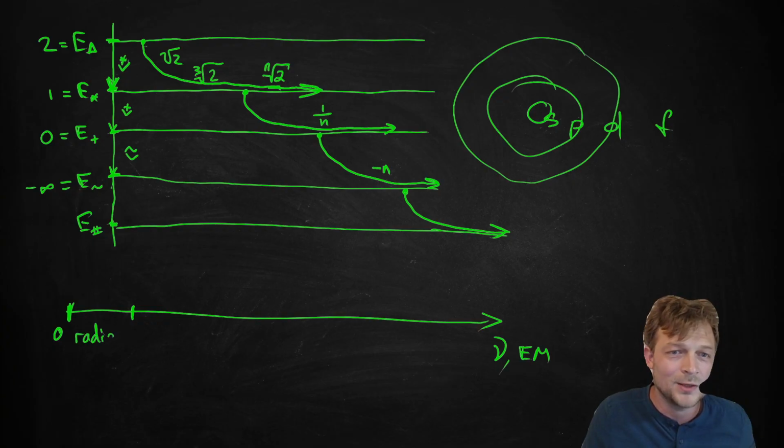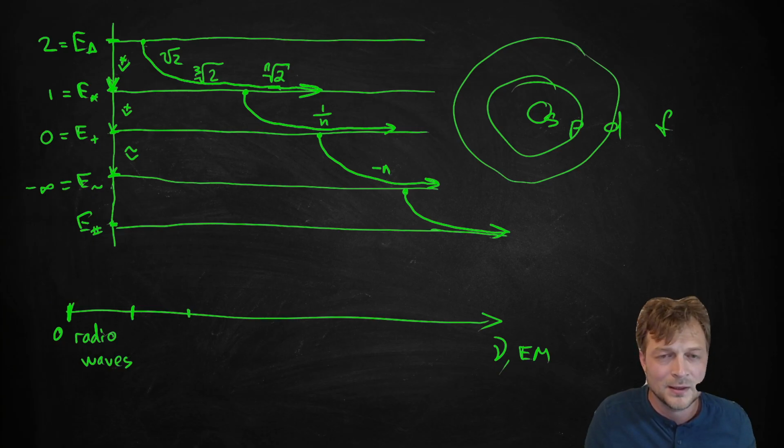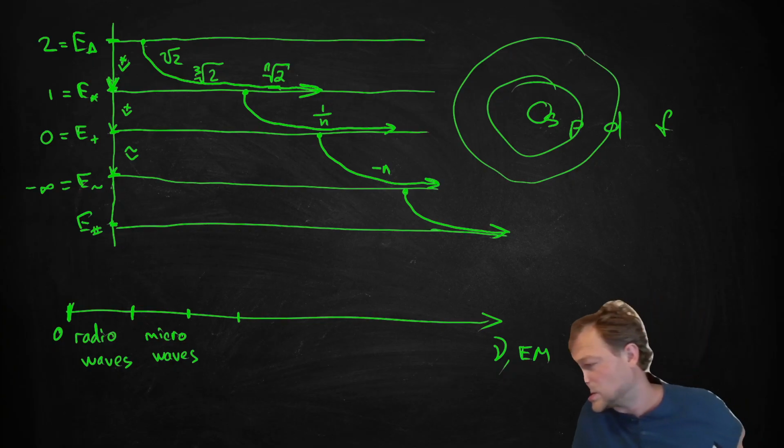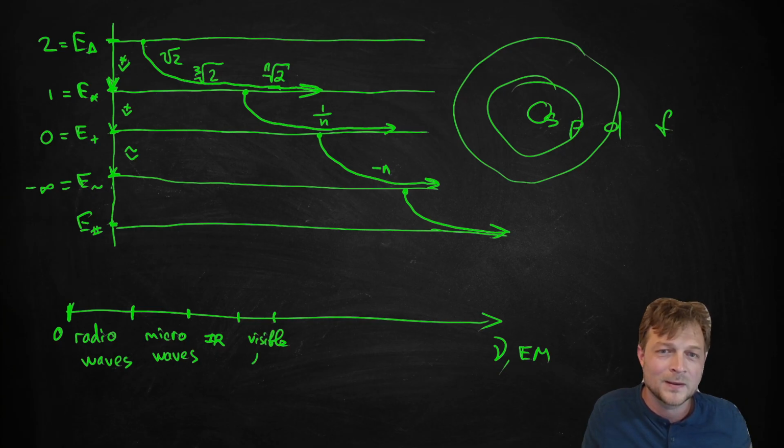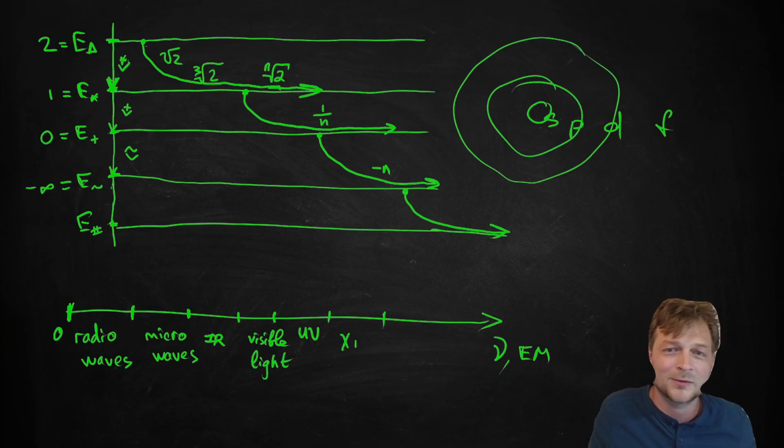There are radio waves, and then we have something like microwaves, and then infrared light, and then visible, and then ultraviolet, UV, and then we have X-rays, and then we have some gamma rays.